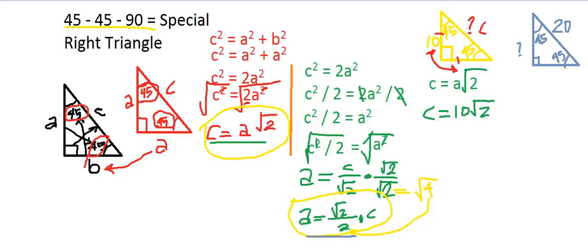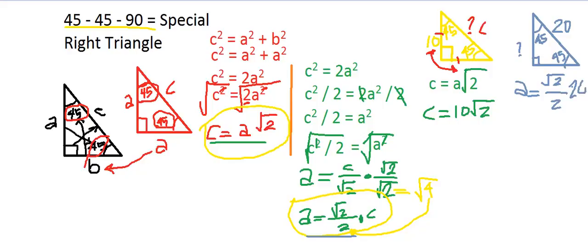So then a is equal to the square root of 2 over 2 times your c, which is 20.